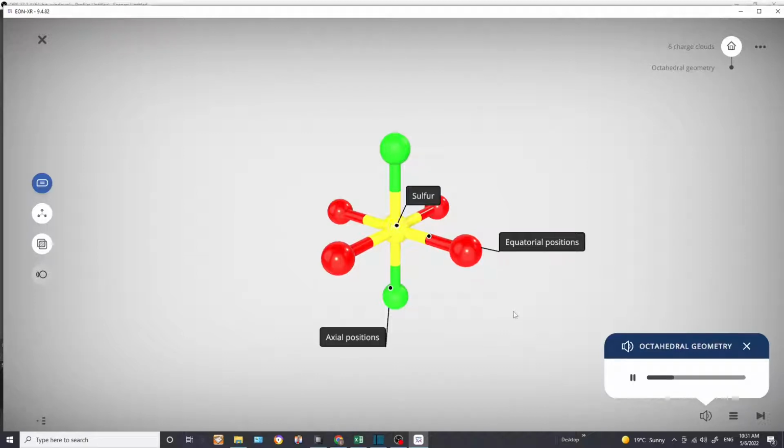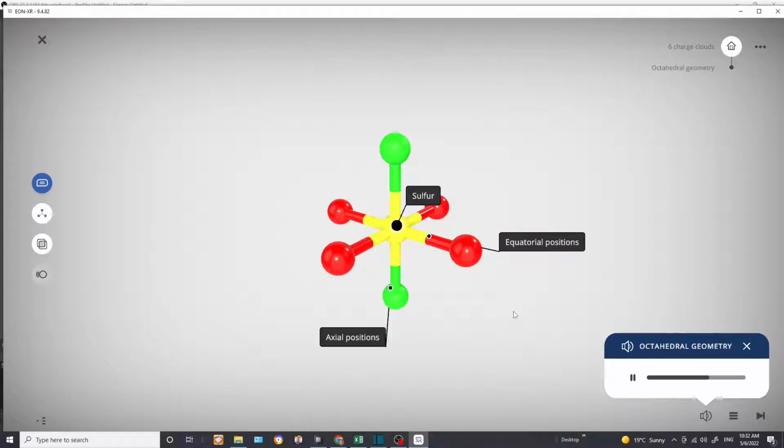When we are doing 6 charge clouds and we have lone pairs, we place the lone pairs on the axial position. When we have 5 charge clouds, we will put those lone pairs on the equatorial position. So remember, charge cloud 6, we first put those lone pairs on the axial position.